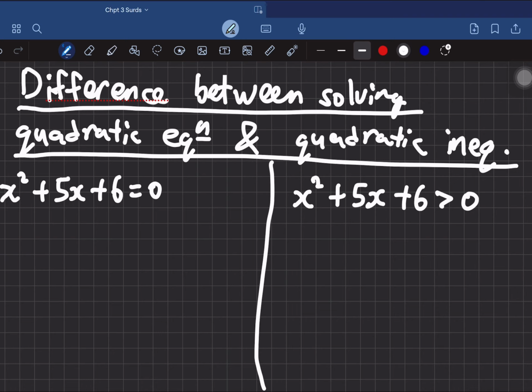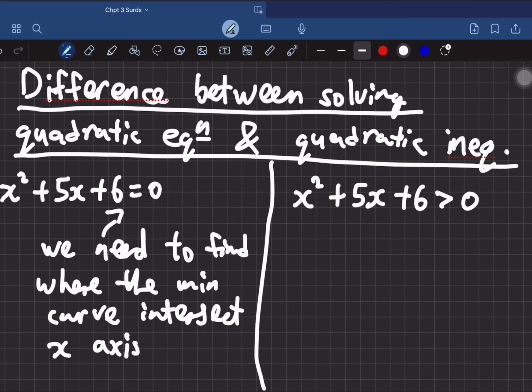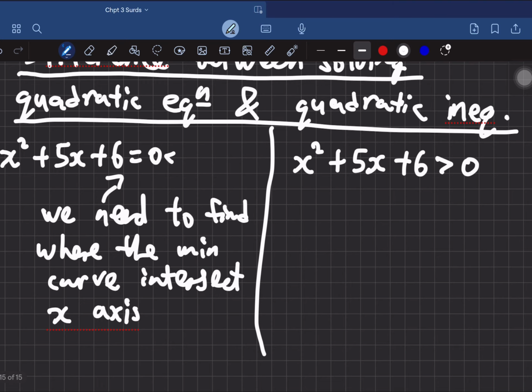The meaning of this is that we need to find where the curve intersects the x-axis. That is the real meaning. Why? Because this is actually our y equals 0, which is the x-axis.